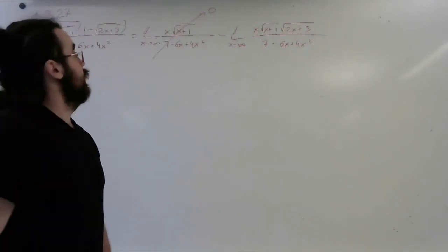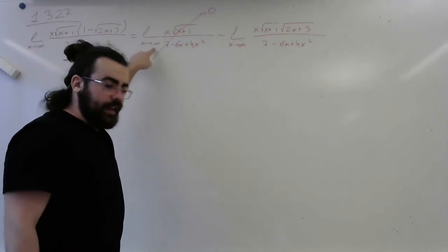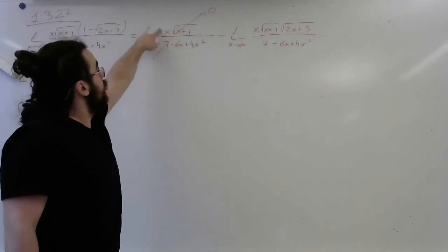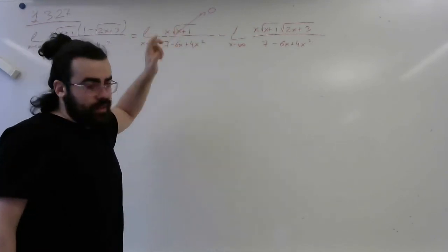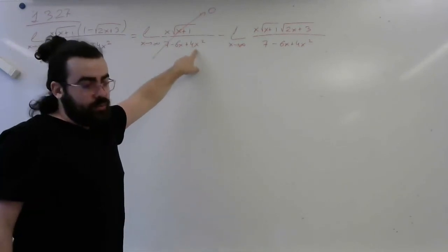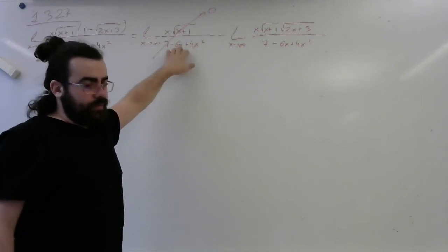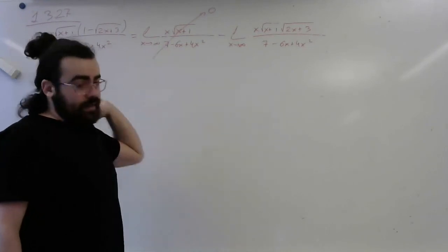First of all, this limit is a polynomial at infinity. In the numerator, we have something that has degree 3 halves, and down we have degree 2, which is greater. So the denominator rules, and the denominator says this limit is 0.